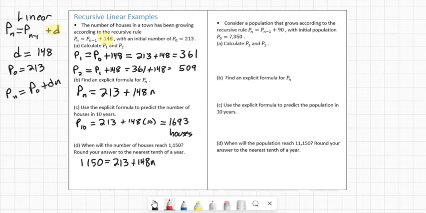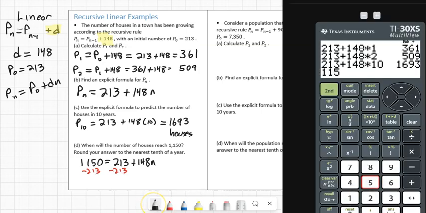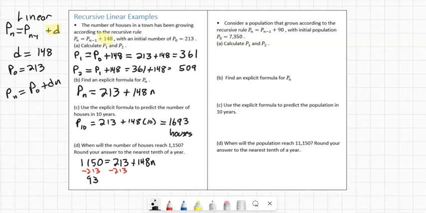And now we just go through and solve for n, doing our adds and subtracts first. 1,150 minus 213 is 937. And then divide by 148.